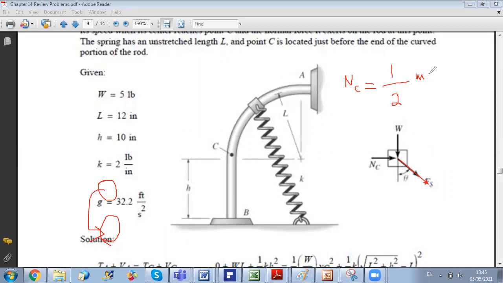So it depends which term is larger, whether m vc squared over L is larger or Fs sin theta is larger.